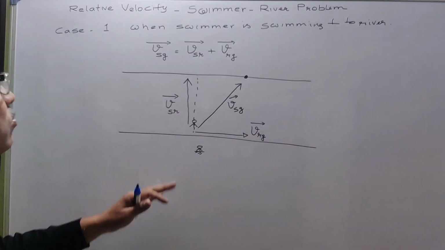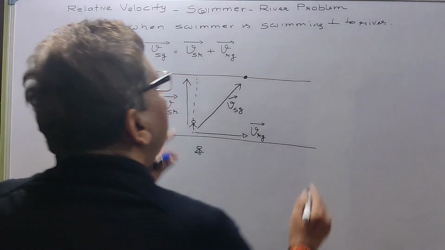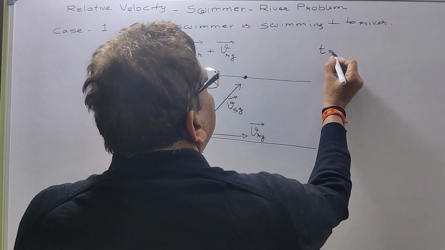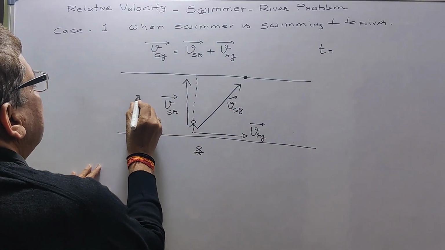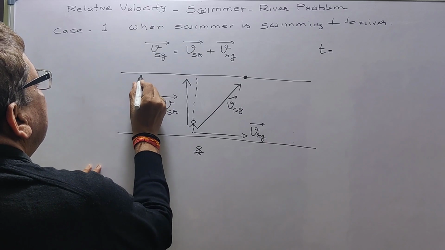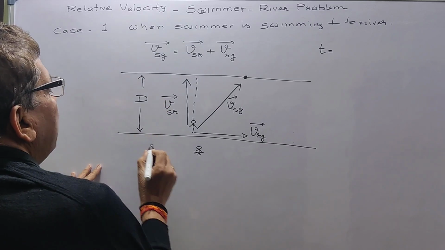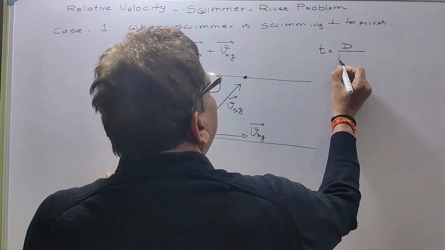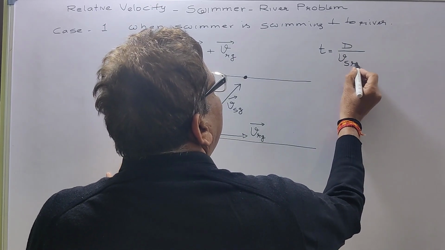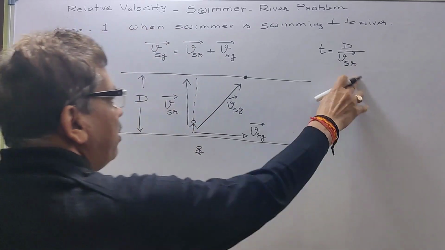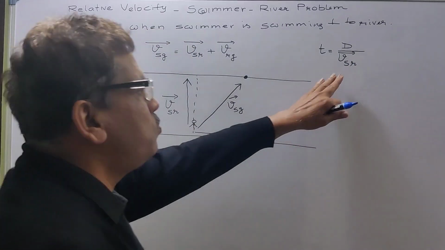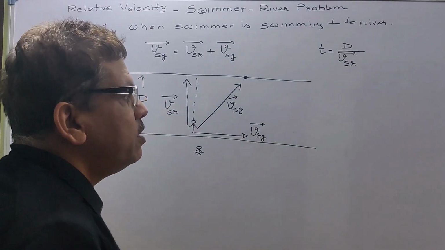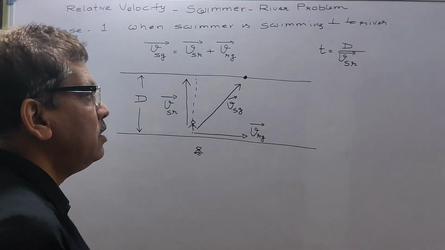Now I can find out in this what time it will take to reach on opposite bank. The time t it takes to reach on the opposite bank. Suppose d is the width, I can write t equals to d divided by VSR. Now this is velocity of swimmer relative to river, or velocity of swimmer when in still water, or velocity of swimmer when river is still.